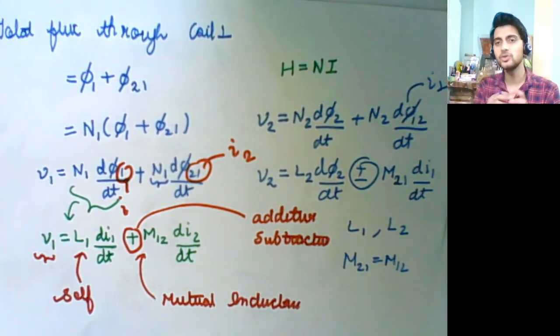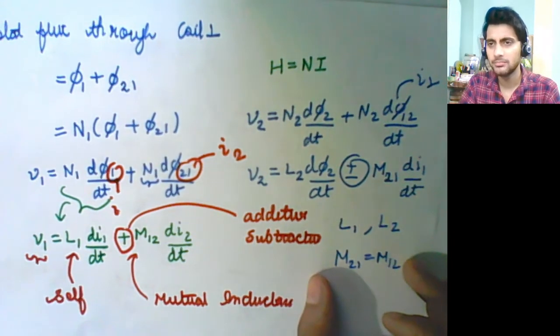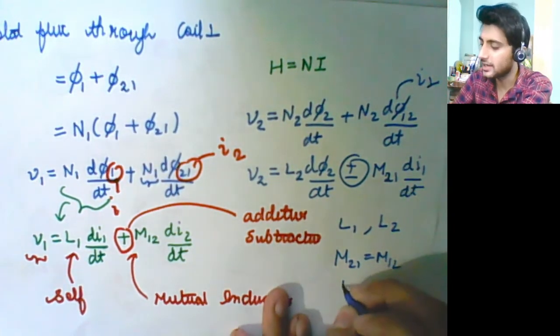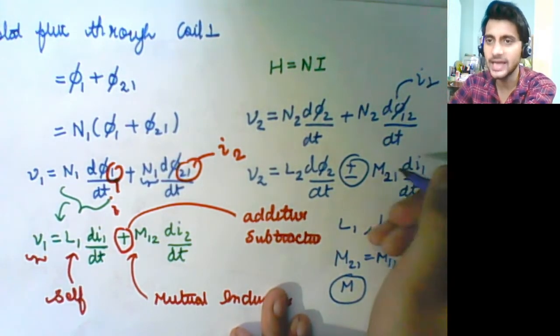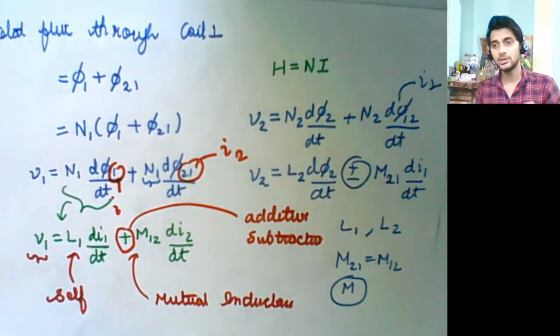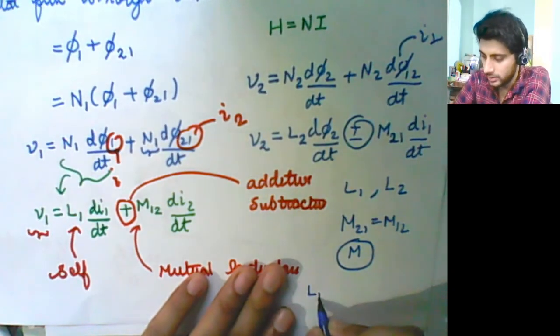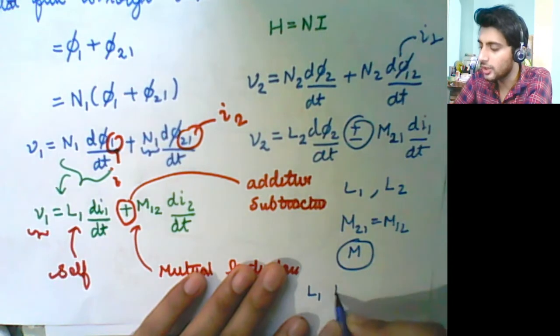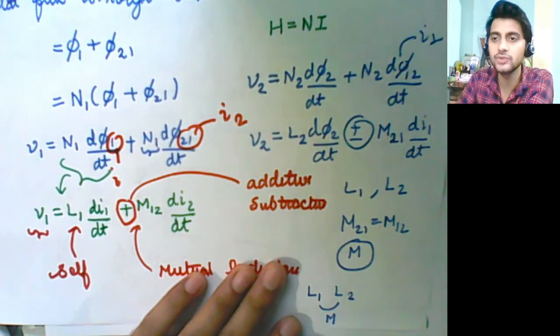There is a mutually equal effect, the effect of 1 on 2 and 2 on 1 is the same, and this is what people practically consider, that the mutual inductance effect of one on another should be the same. Therefore they call it just M. So M12 and M21 are considered the same and taken as M. So the parameters, which we call circuit parameters, for a two coil system are three: the self inductance of coil 1, the self inductance of coil 2, and the mutual inductance between the two because of their relationship.